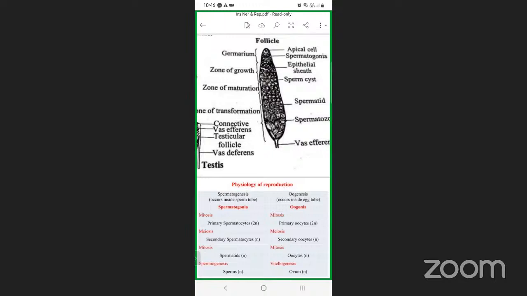The secondary spermatocyte has half the number, n. The spermatids are also n.